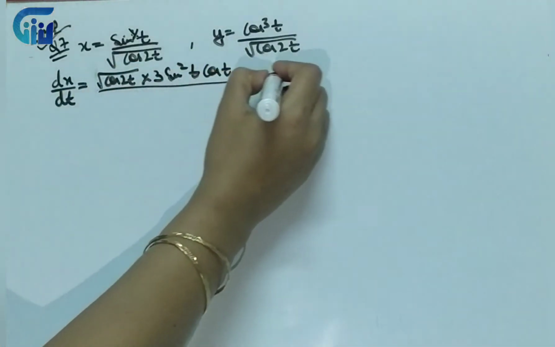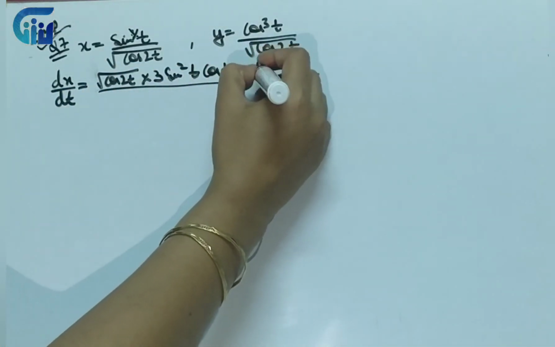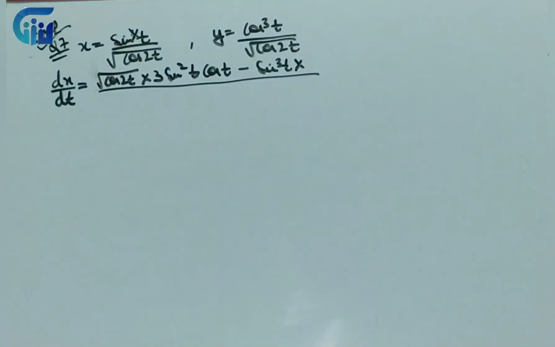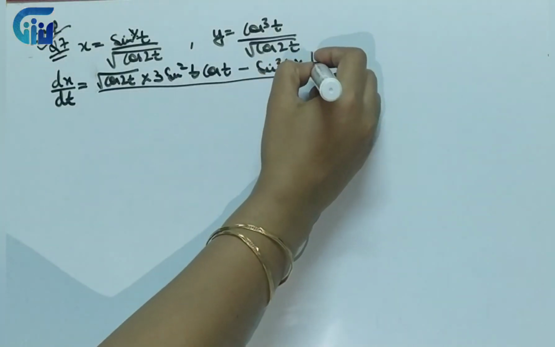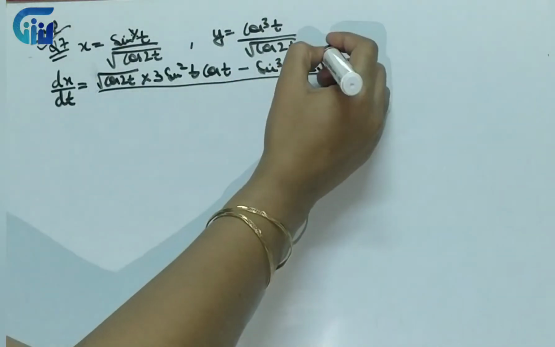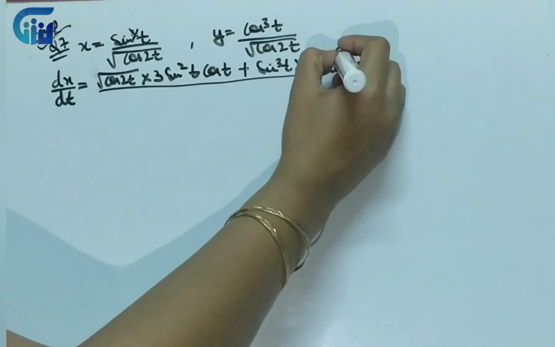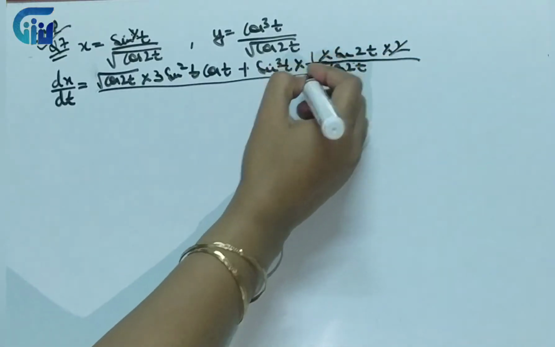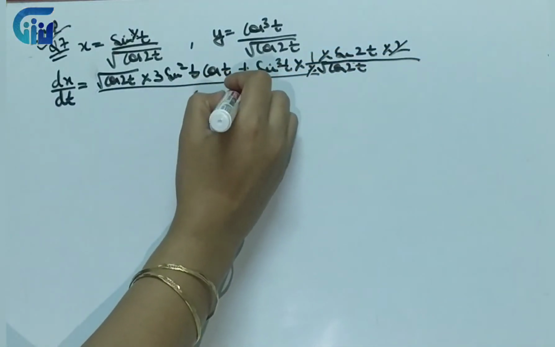Then minus sine cube t as it is, times the derivative of root cos 2t, which is 1 upon 2 root cos 2t: power first, then the function. The derivative of cos is minus sine 2t, and then the angle's derivative, which is 2. So 2 and 2 cancel.